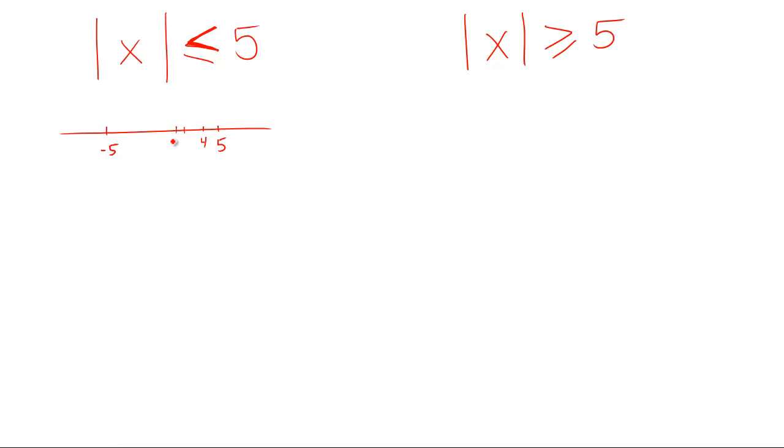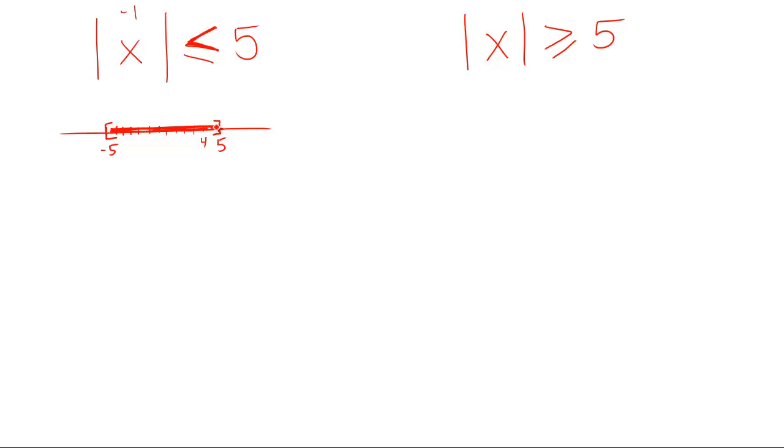So you can imagine that all the way down to 0 would work. But what about negative numbers? So let's say you had a negative 1. Absolute value, that is 1. Yes, it's less than 5. So basically everything in between 5 and negative 5 is game.